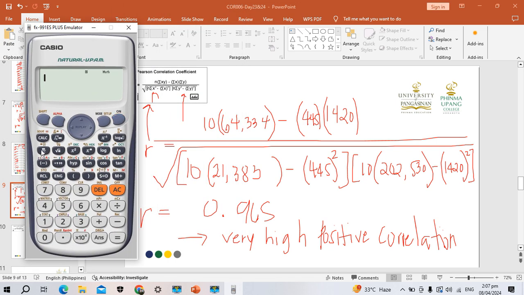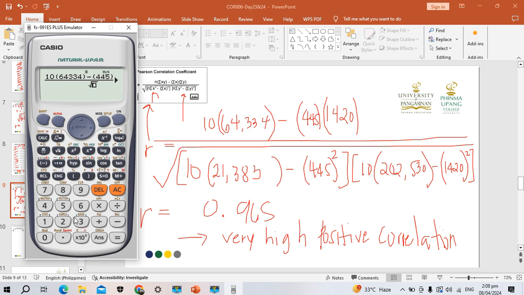Sabayan niyo ako. Fraction. Kikita na ba yung aking calculator, guys? Yes po. Okay, fraction. Open 10. Open 64,334. Minus. Open 445. Close. Open 1420.